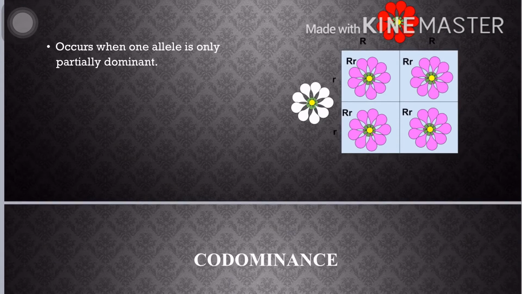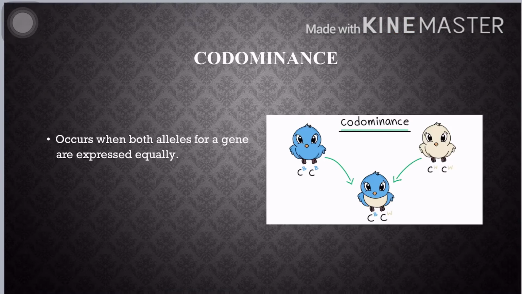Codominance. The definition is that it occurs when both alleles for a gene are expressed equally. As we can see in the image also, the offspring, the son or daughter, has a trait of his father, that is blue, and a trait of his mother, that is white. The offspring contains both traits of his father and mother.